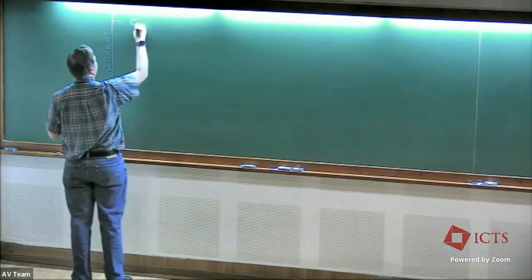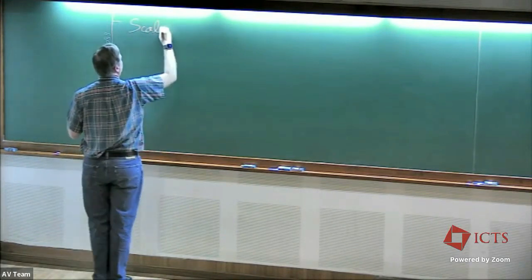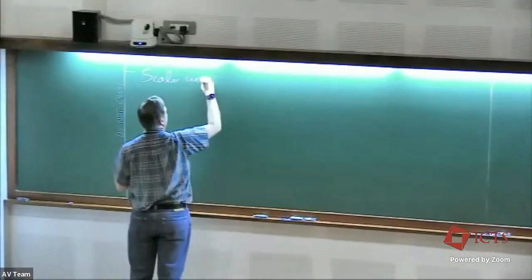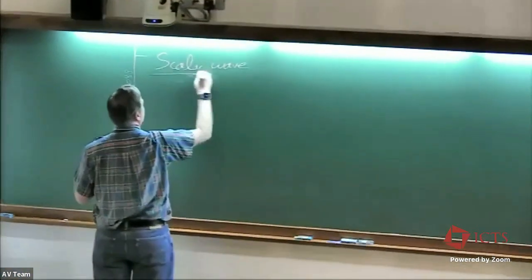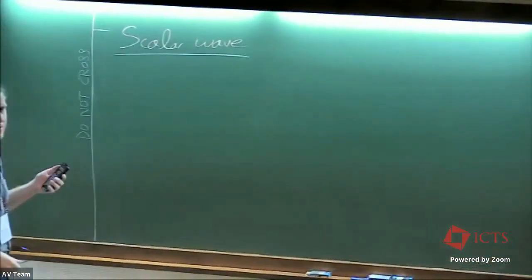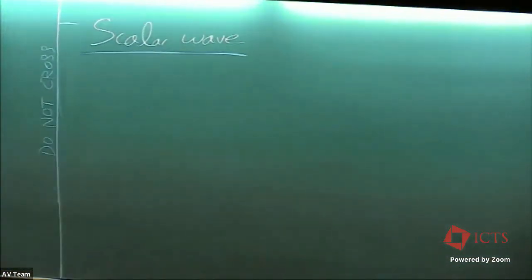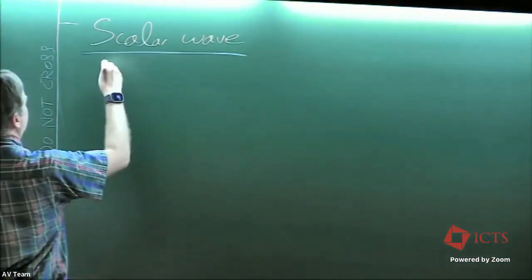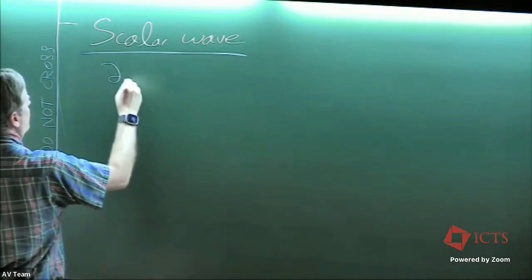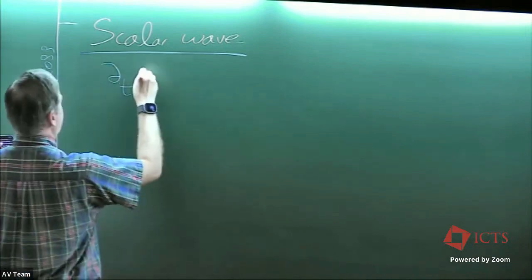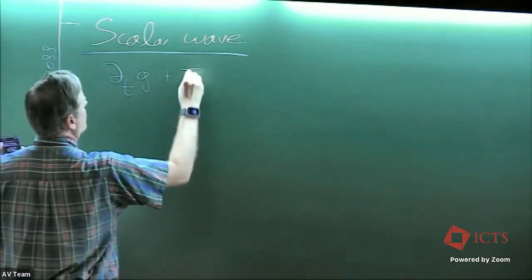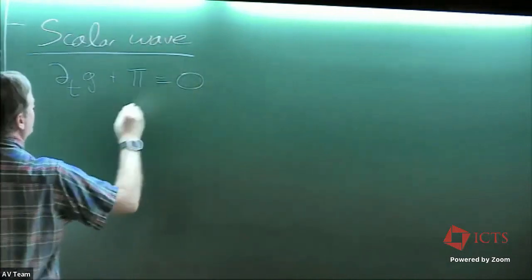So I'm going to write the scalar wave system right here. When we reduced it to first order, we did it yesterday or the day before, and again Harold did it this morning. It's a system where one equation is partial t g plus capital Pi is equal to 0.